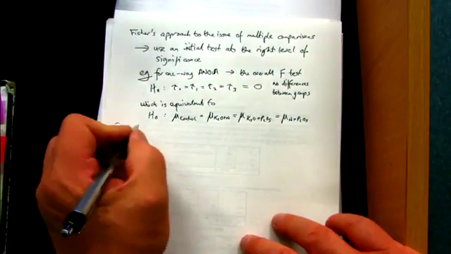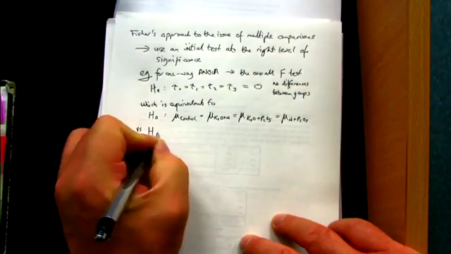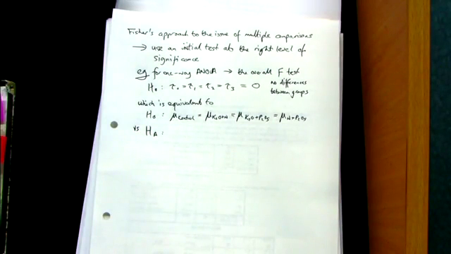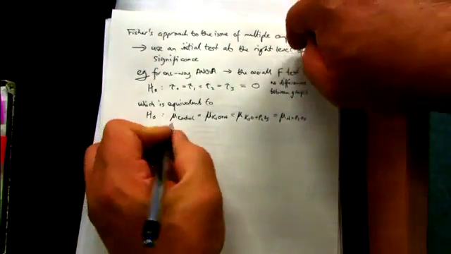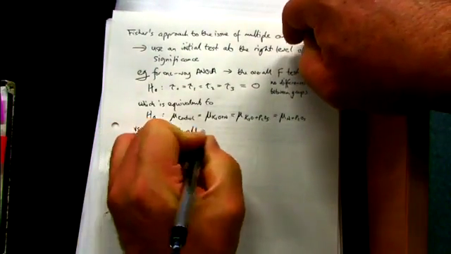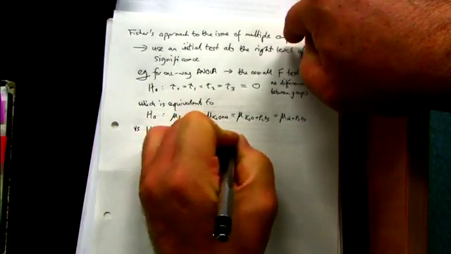And what's the alternative? At least two means different, or not all means are the same. Both of them are logically equivalent. Okay? So, not all mu's equal.